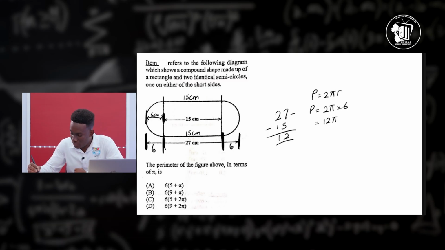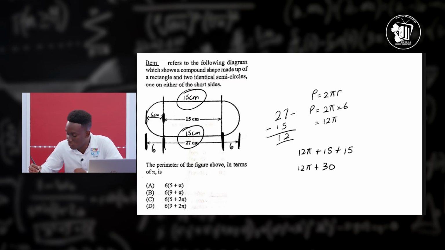So the length of here and here will total up to 12 pi, plus we add this 15 and this 15. So 12 pi, plus 15 plus 15 will give me plus 30. So clearly I don't have any of those as the answer. So what I can do is factor out a number here. The highest common factor between these two would be 6.